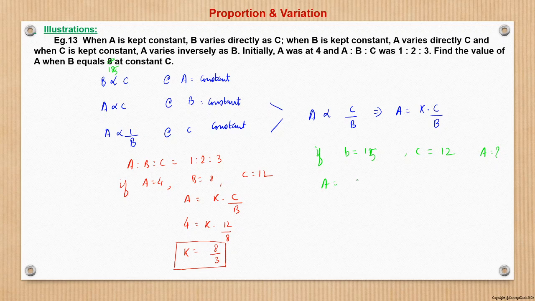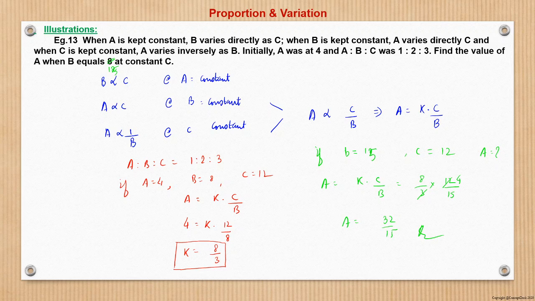So a we know is k times c by b, which is k is 8 by 3 times c is 12, b is 15, right? So basically a is nothing but 32 by 15. This is the answer.